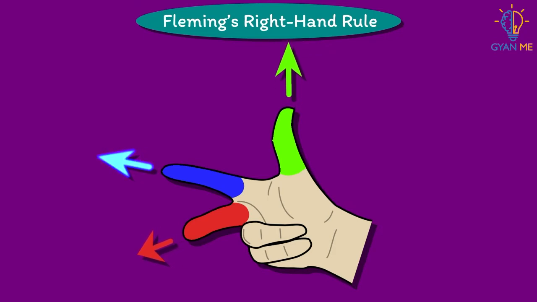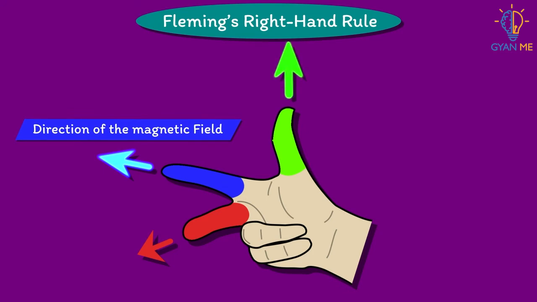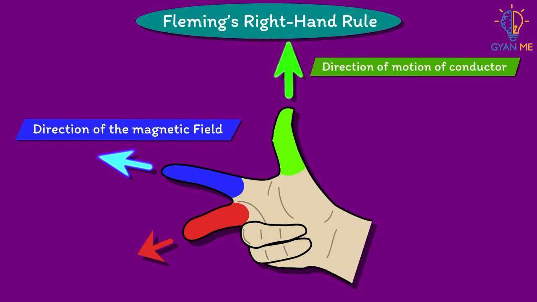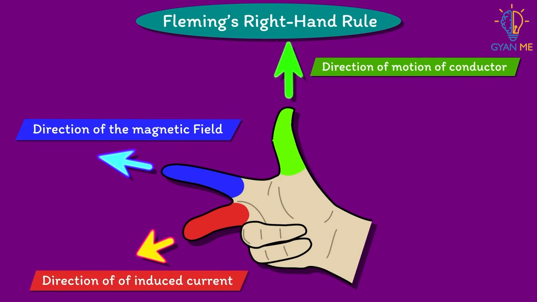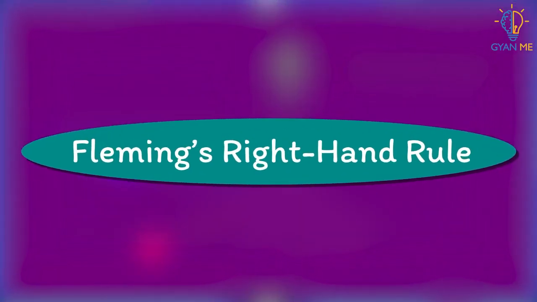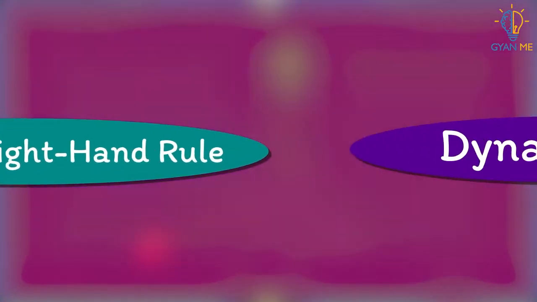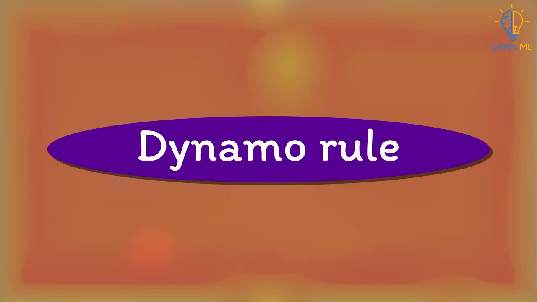Align your forefinger in such a way that it indicates the direction of the magnetic field, and the thumb in such a way that it indicates the direction of motion of the conductor. Then the middle finger will show the direction of the induced current. The simple rule is called Fleming's right hand rule or dynamo rule.